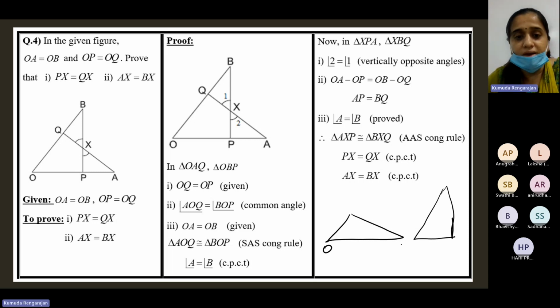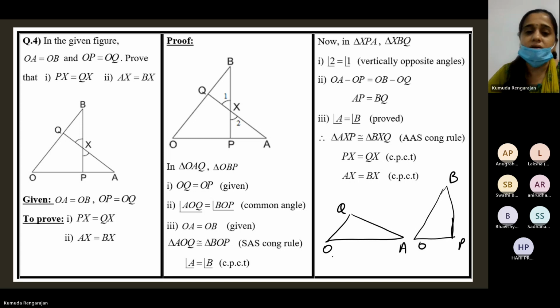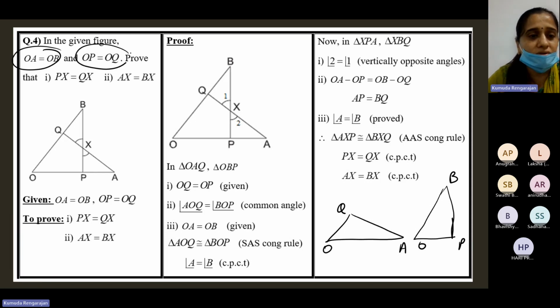This is OAQ and this is OPB. Okay, I've taken the triangle separately. So you can now use this information. We have taken these two triangles because we can use these two pieces of information given.